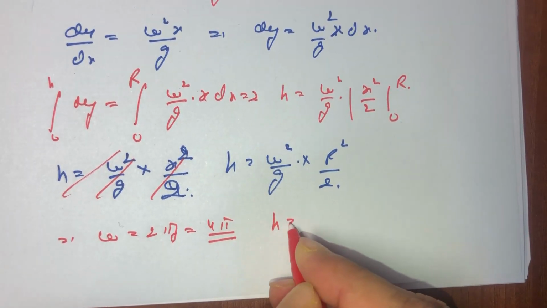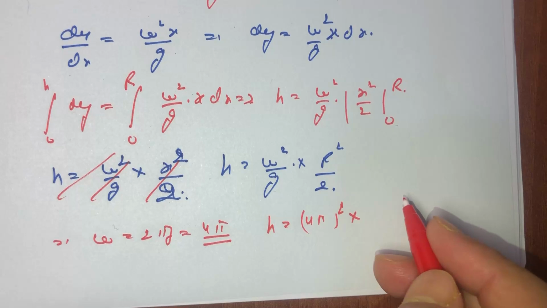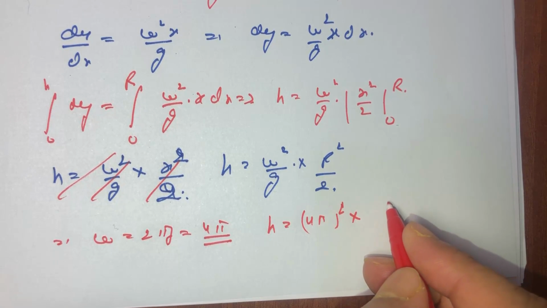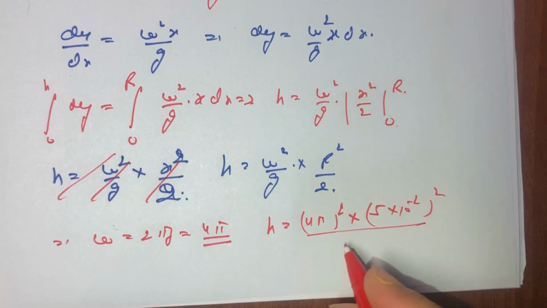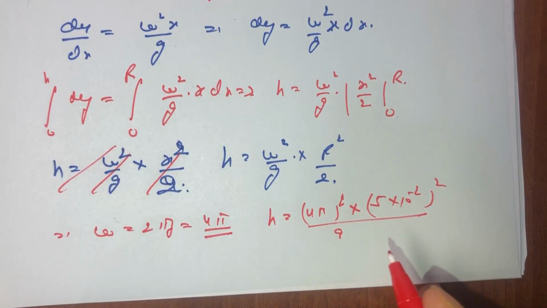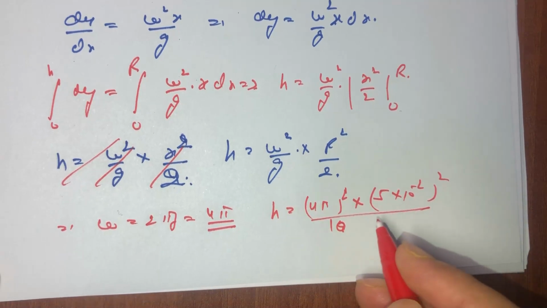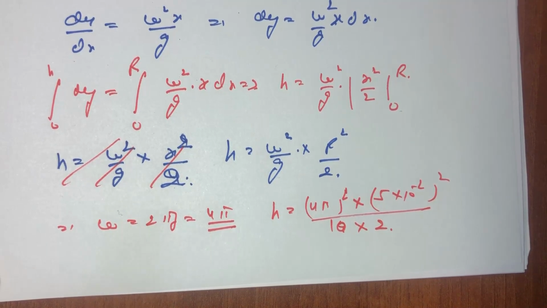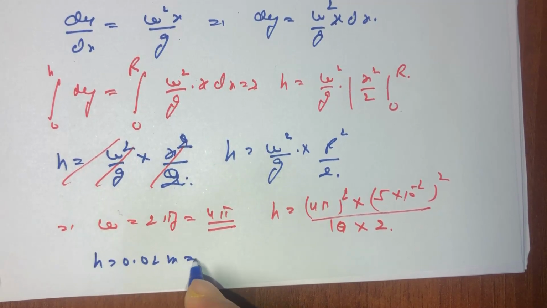So h is equal to (4 pi) whole square, r square is (5 into 10 to the power minus 2) whole square, divided by g. Let us suppose we are taking g as 10, much more convenient, and this is our 2. So we get h equal to 0.02 meters, or 2 centimeters.